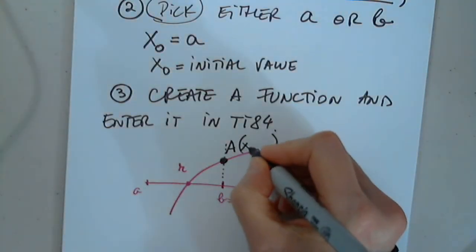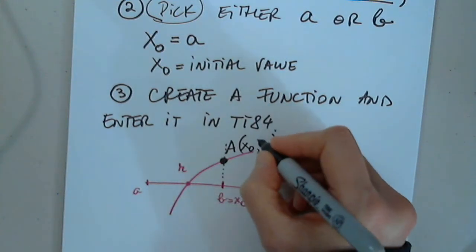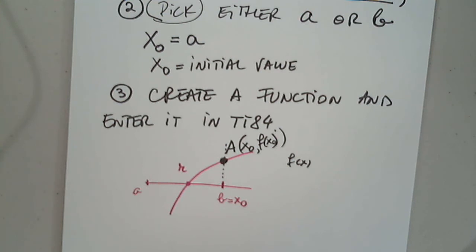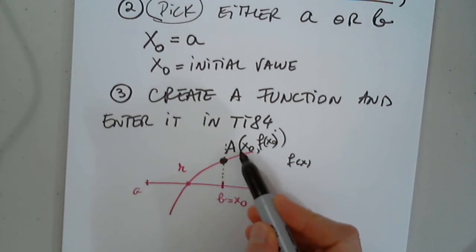Excellent. Thank you. Who said that? Perfect. We're just going to use x0, but it's perfect. A has coordinates x0 comma f of x0. No question there. Good.